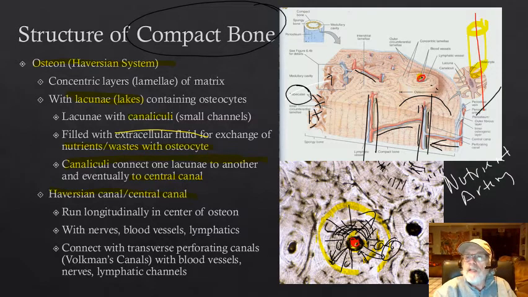And then they lead into that central canal with the blood vessels, which then provide the blood supply and the nutrients and the oxygen and remove waste from all the osteocytes in that particular osteon. Okay. So that's what we see with these Volkmann's canals. And again, here's a Volkmann's canal, and then if I look at that haversian canal, that's the haversian canal.